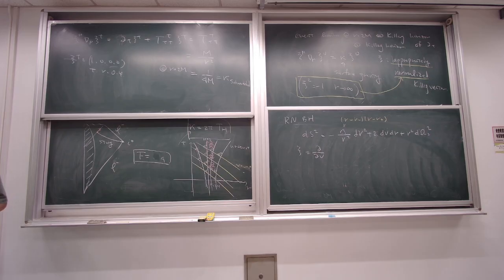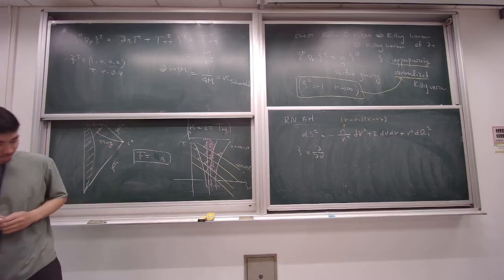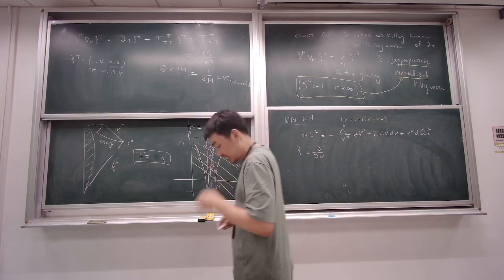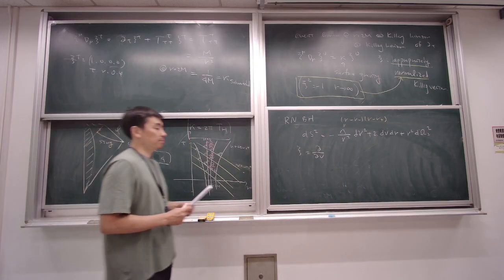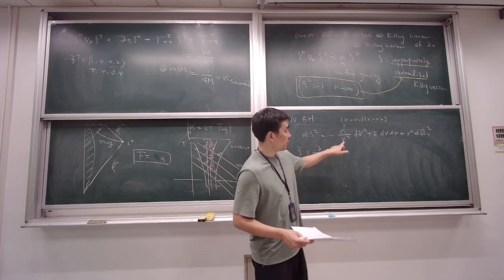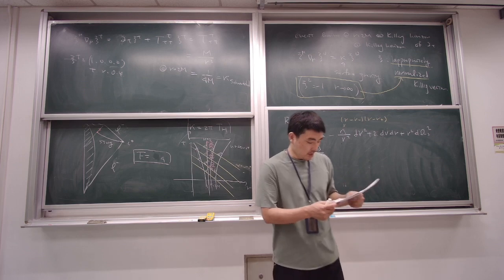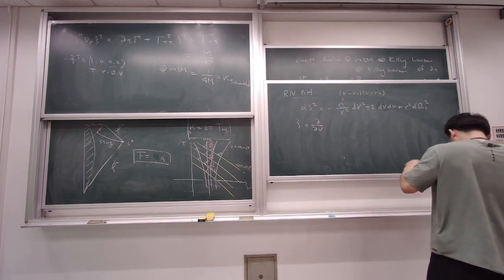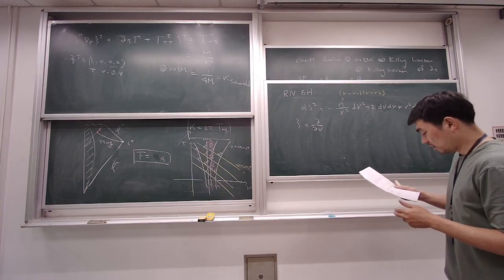The same thing happened in the Reissner-Nordström case, and then Xi is the Killing vector because the metric is independent of B, so therefore one can just compute the surface gravity.